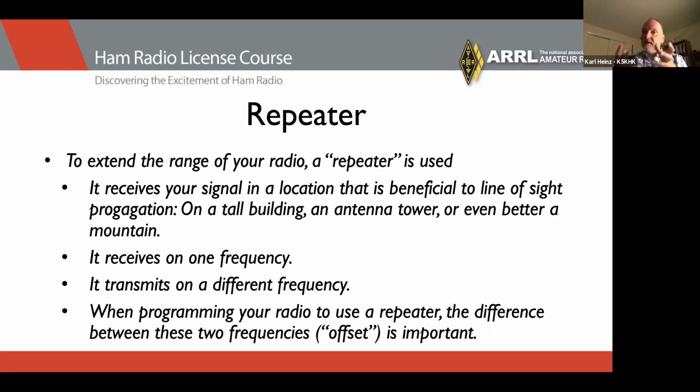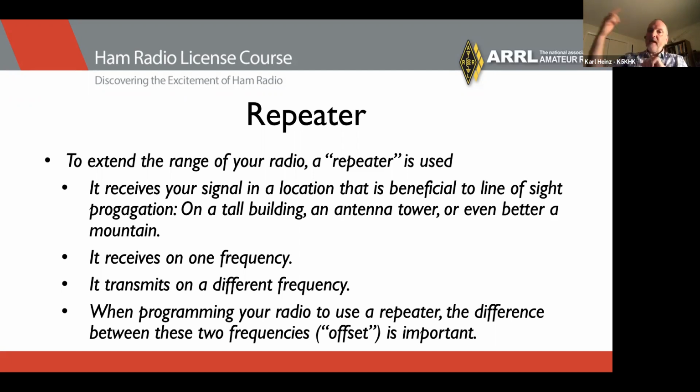So a repeater is a radio in a really good location that allows you to reach maybe 50 miles around the repeater site, and it can receive the signal from your little handheld radio.